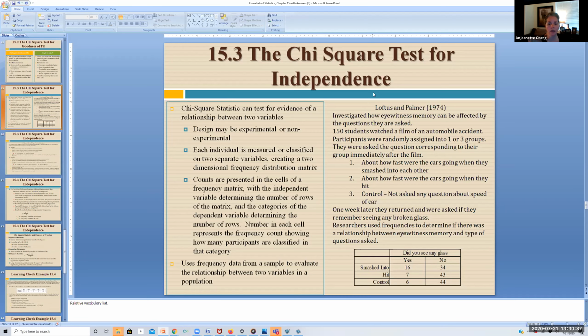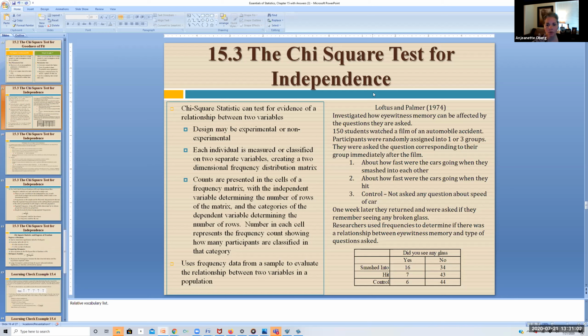The film showed a car accident, and then the participants were randomly assigned into one of three groups. The first group was a control group. They just watched the film and were brought back later to answer questions. Another group was asked how fast the cars were going when they smashed into each other, okay?